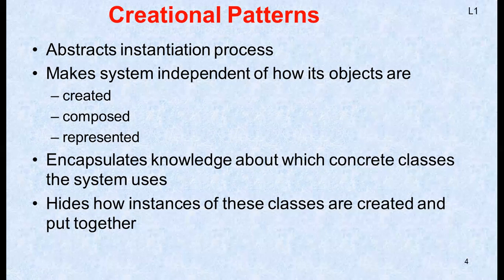Consequently, the creational patterns give a lot of flexibility in what gets created, who creates it, how it gets created, and when. They let you configure a system with product objects that vary widely in structure and functionality. The configuration can be static, that is, specified at compile time, or it can be dynamic, specified at runtime.